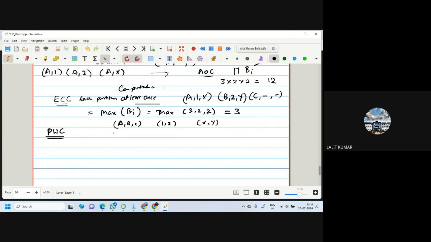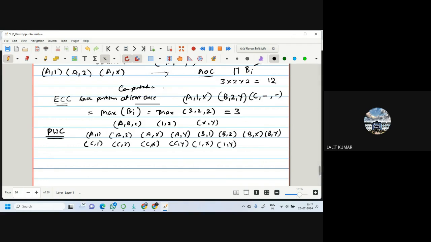Pairs can come from A1, A2, AX, AY, B1, B2, BX, BY, and C1, C2, CX, CY, and 1X, 1Y, 2X, 2Y. Any other pair? I think no.